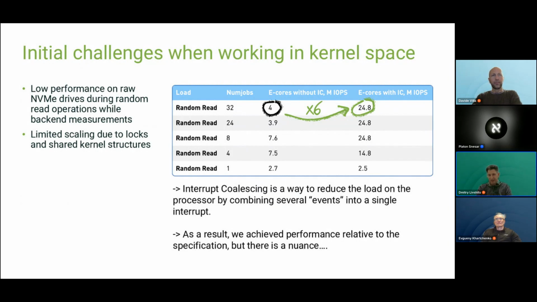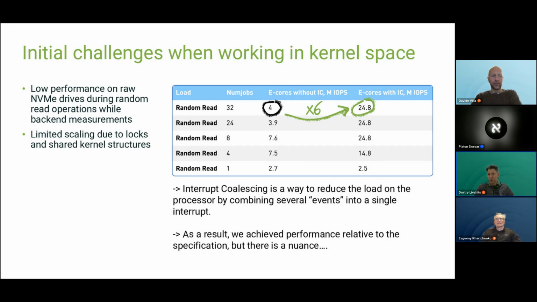As soon as we switch on interrupt coalescing on Intel CPUs, we can get 25 million IOPS. And it's not only for Intel, we would see the same picture from AMD and all other x86 architectures. So it looks like we can fully utilize this subsystem if we use interrupt coalescing.